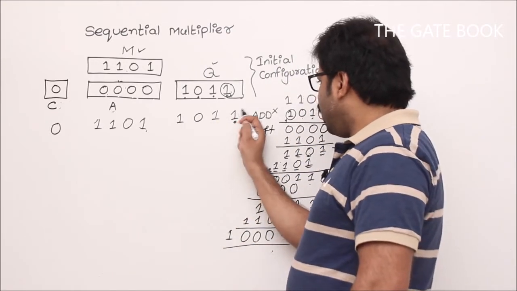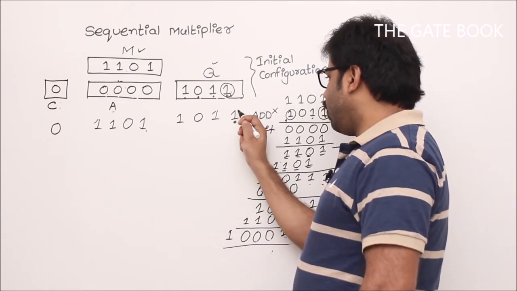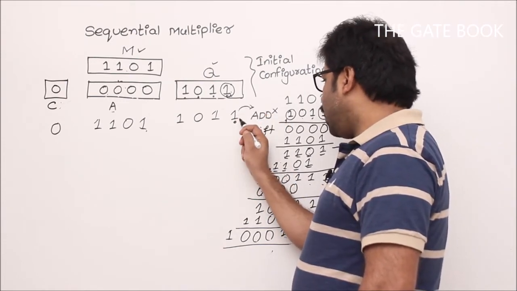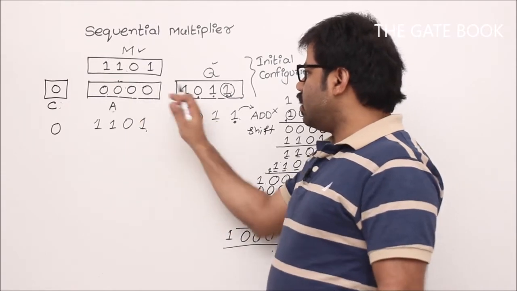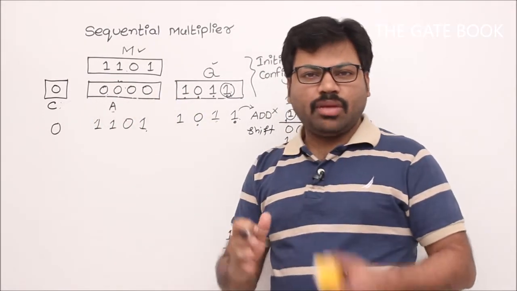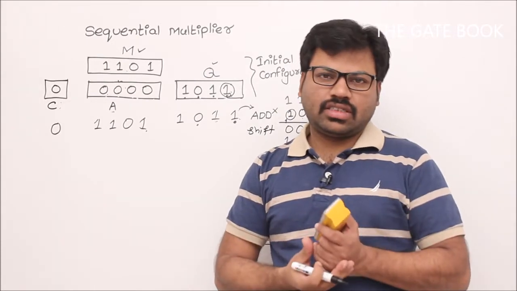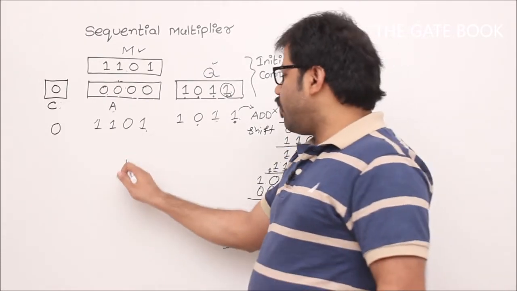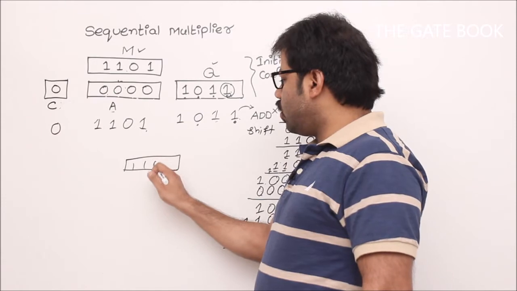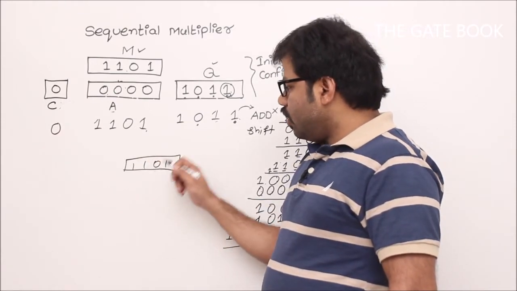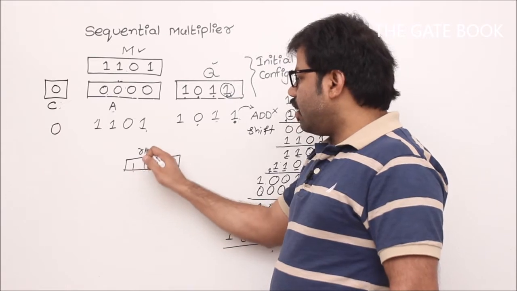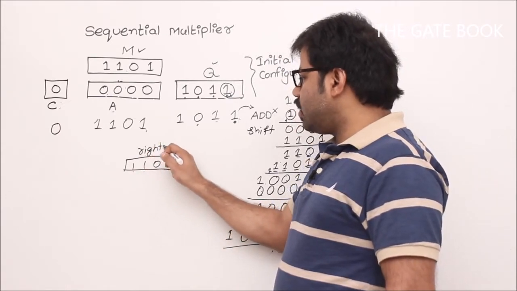This bit will disappear. We are losing this bit. In this place this will come, in this place this will come, in such a way. So these are all registers, correct? Registers can be implemented as shift registers. That means, for example, let's say you have a shift register holding 1101, a simple shift register. Then we can use this shift register to implement an operation called right shift.